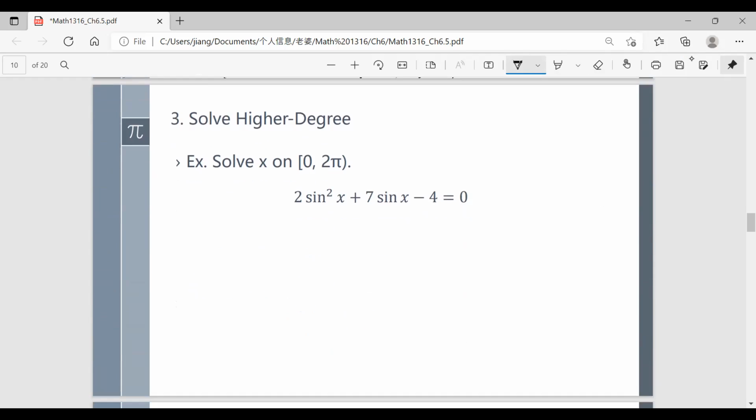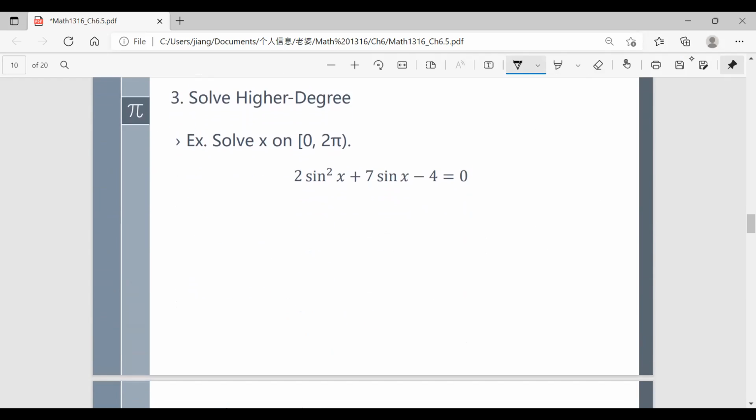Solve the higher degree. For this part, we need to use the algebra we have learned before. So just imagine that sine x equals a.